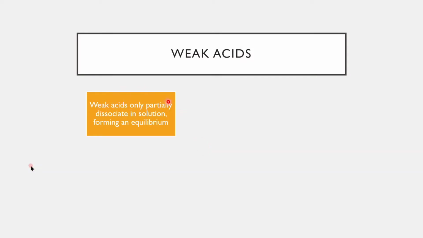Weak acids, we know, only partially dissociate in solution. This means that only some of the acid molecules will donate their hydrogen ions to form their conjugate bases, so we form an equilibrium between our acid and its dissociated products, as shown here.